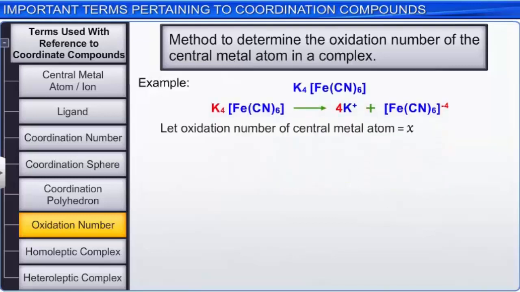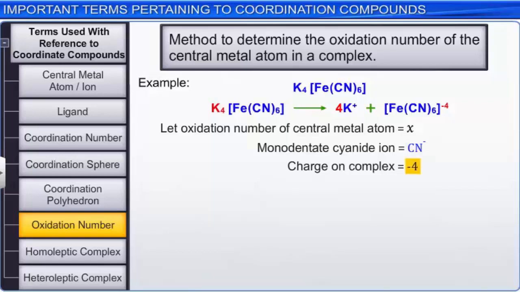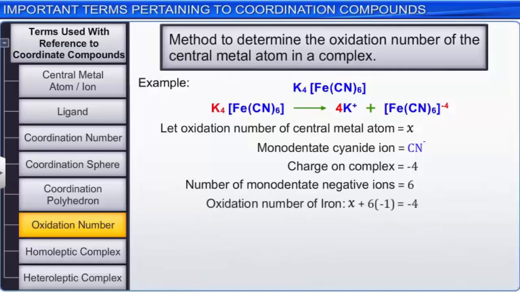The cyanide ion is a monodentate negative ion. Knowing that the complex carries a charge of minus 4 and has 6 monodentate negative ions, the oxidation number of iron can be determined as x + 6 × (-1) = -4. On simplification, we get x = +2. Thus, the oxidation state of iron in the given complex is +2.